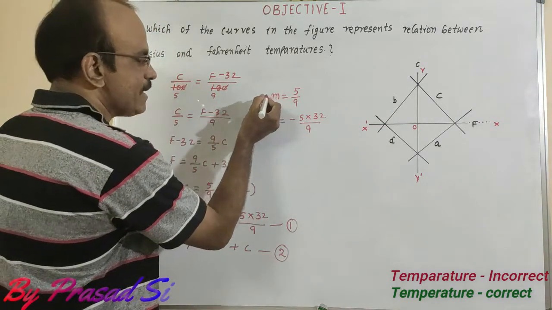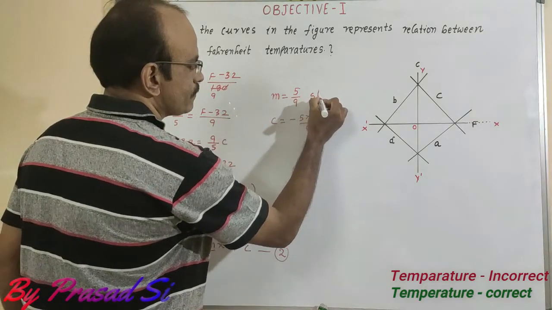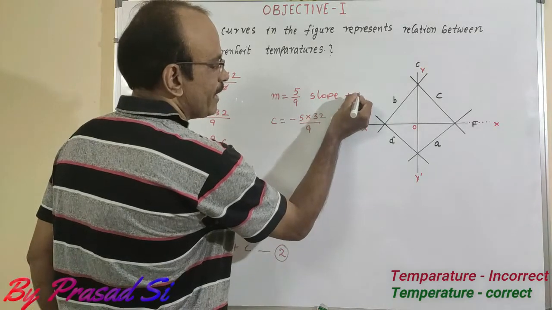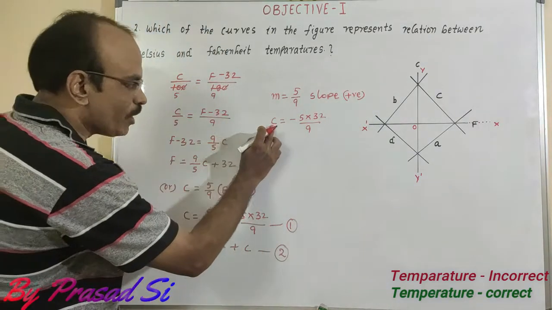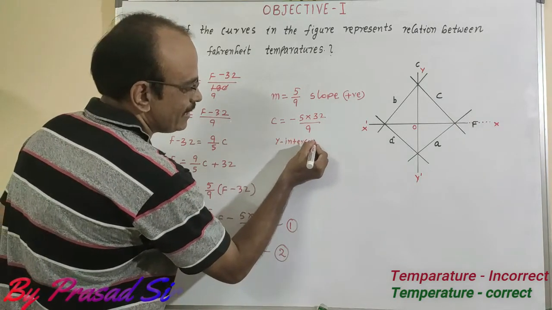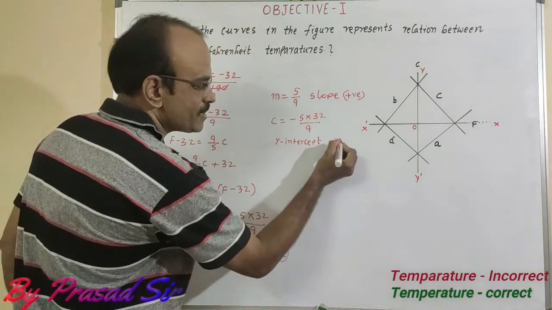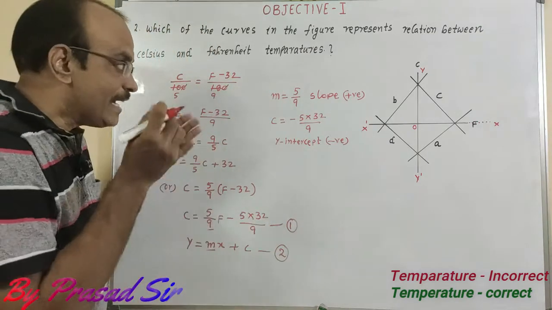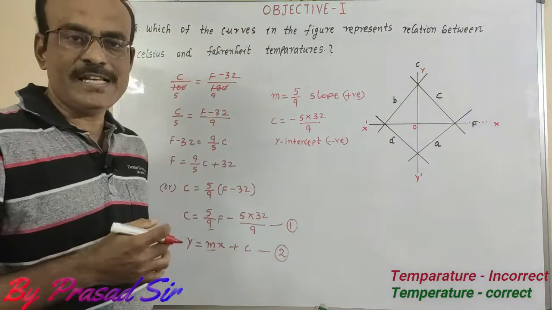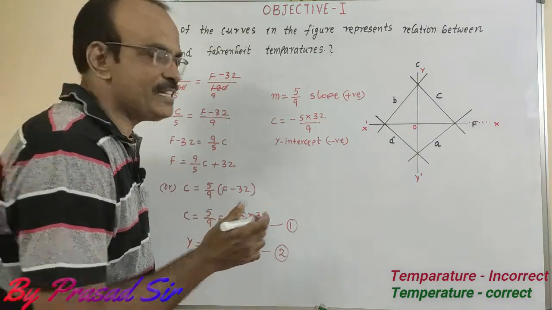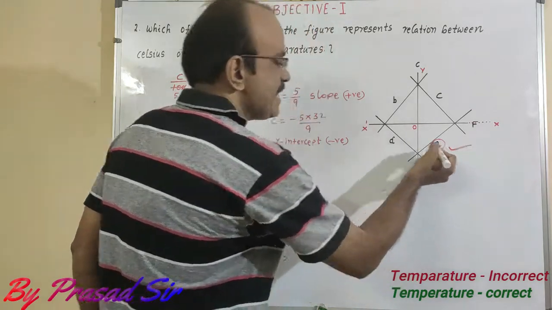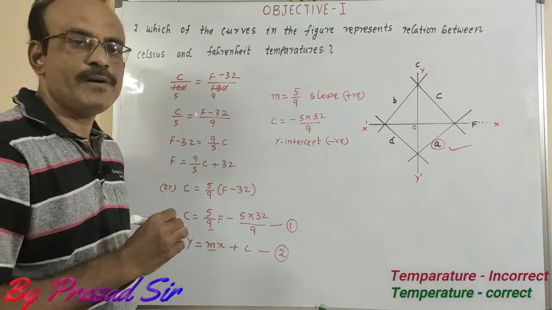Remember, this m is called the slope, and here the slope is positive. And c is known as the y-intercept, which here is negative. So the graph which represents a positive slope and a negative y-intercept is suitable. The graph A is suitable, so that is the answer for question number 2.